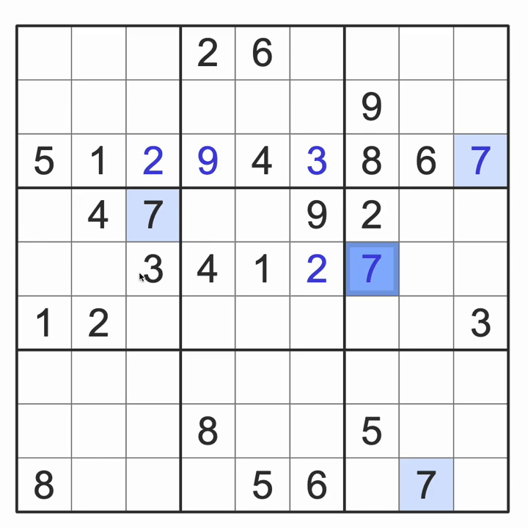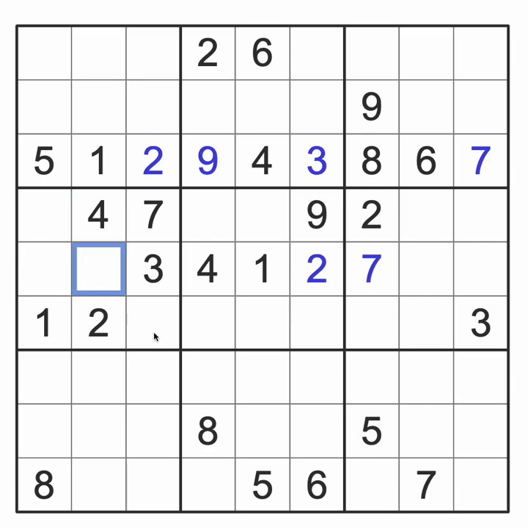Okay, so now I'm looking at box 4 and column 1. Column 1 has 5 and 8 here, which have not been placed in box 4. They are on the same line, so they affect these two cells. So in short, they cannot be 5 and 8 here.